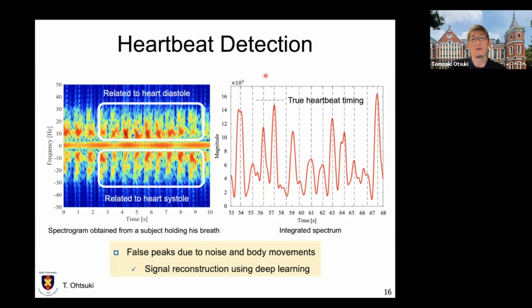And this dotted line represents the timing of the heartbeat, which we estimate using the ECG, so a kind of ground truth. You can see that some peaks of the red waveform correspond to this black dotted line. However, you can see some peaks that do not correspond to the heartbeat. So we need to differentiate and detect the true peaks. That's a very challenging part.